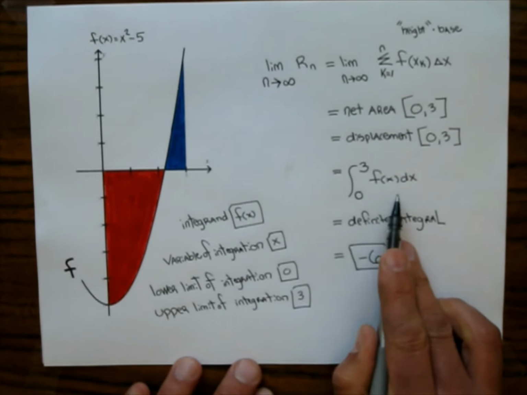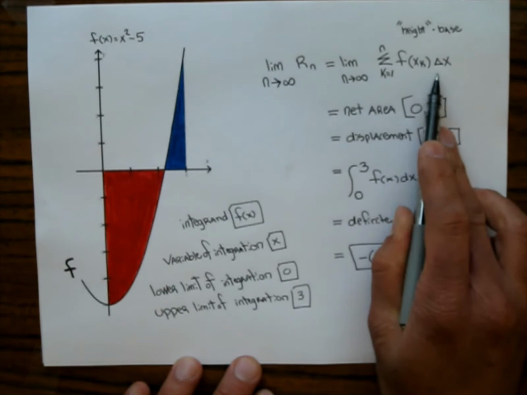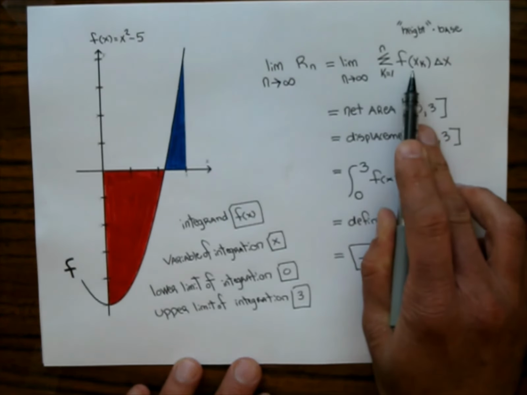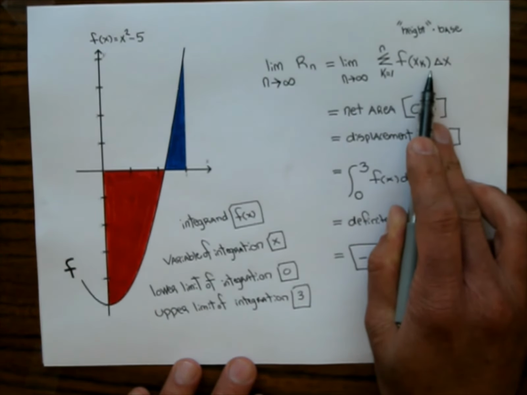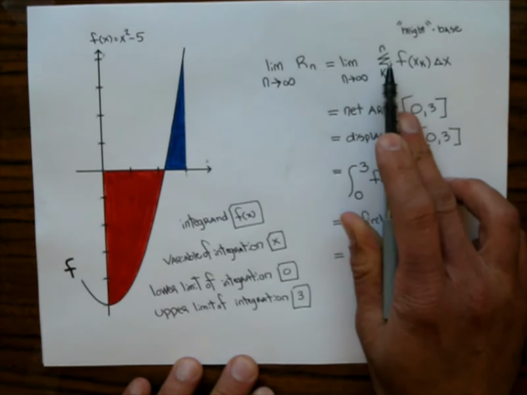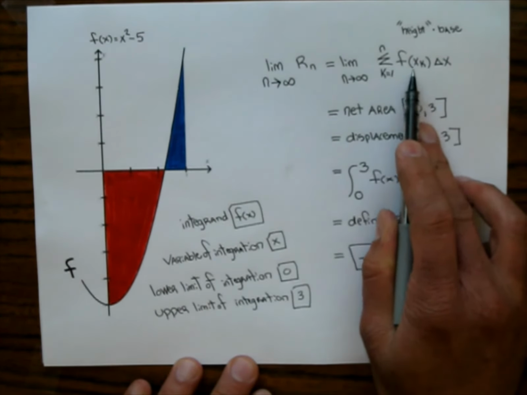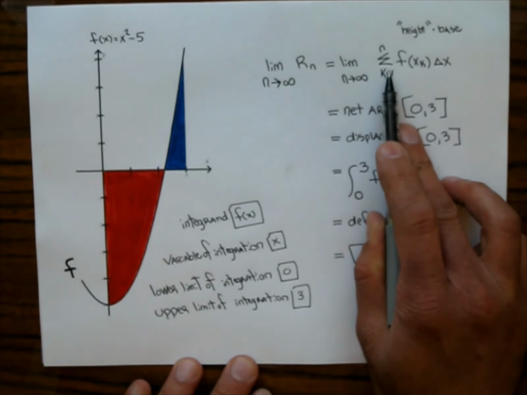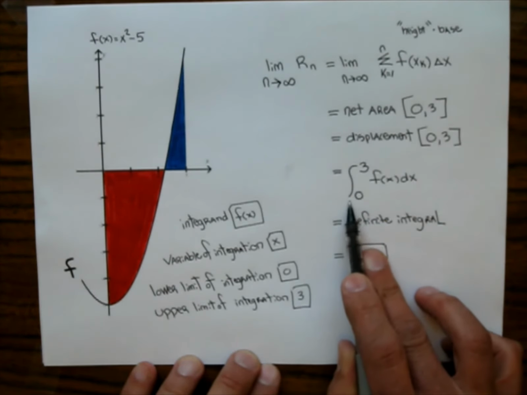Notice how this mimics this right here. When we were adding up rectangles, we went height times base, and if n was 4, we did that 4 times. So you're adding up a finite number of rectangles here. And so you have summation, which is a sigma sign. Sigma is the Greek letter for s. Look at this, there is a stretched out s.